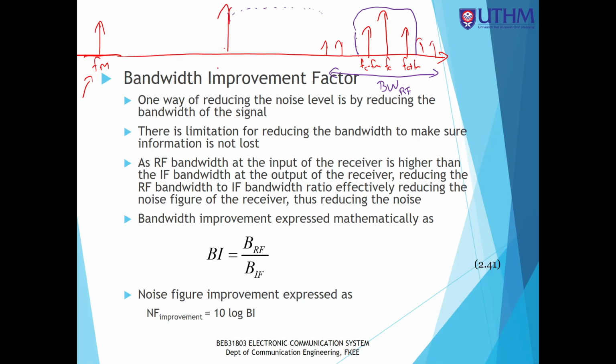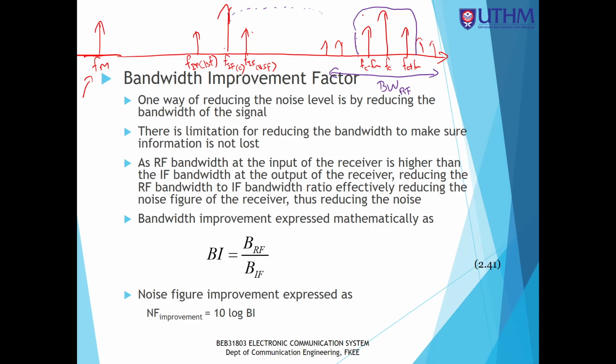This is F intermediate, the center. Then we produce FIF USF, upper side frequency, and here is the lower side frequency, FIF LSF, or you can say the lower and upper sideband.